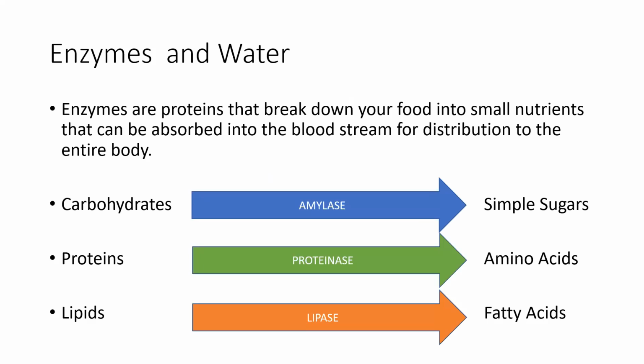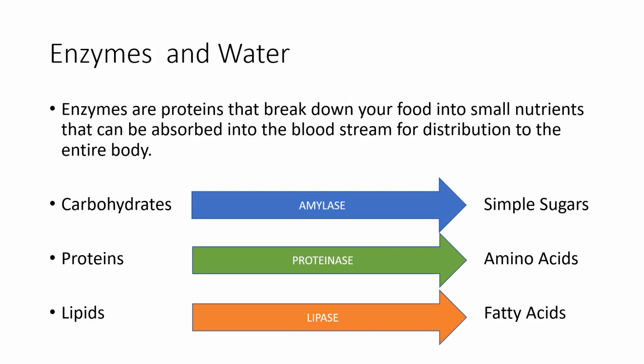When you eat food, you have to break that hamburger down, all the carbohydrates, into glucose. And when you eat proteins, you have to break them down into amino acids. And when you eat cheese, you have to break those down into fatty acids. A piece of Swiss cheese is too big to absorb in your bloodstream to be distributed.